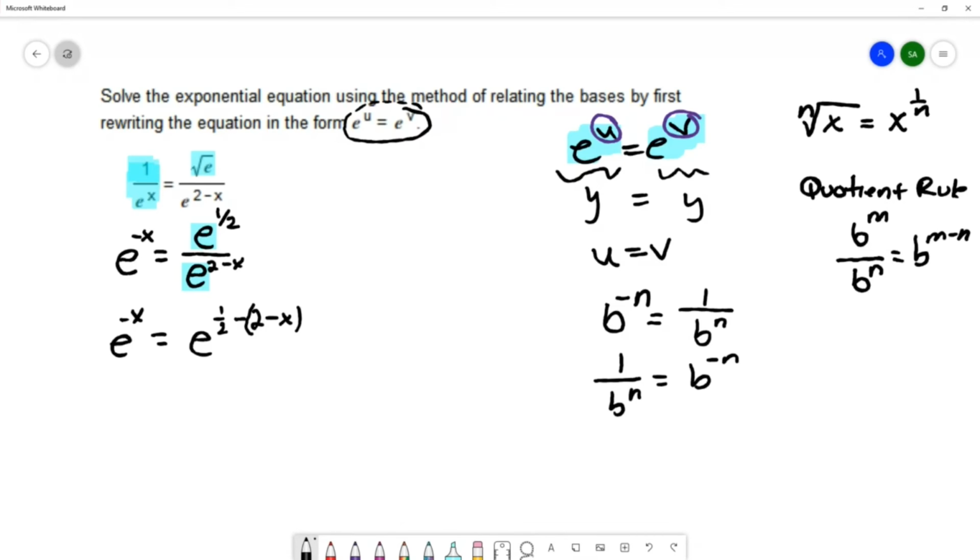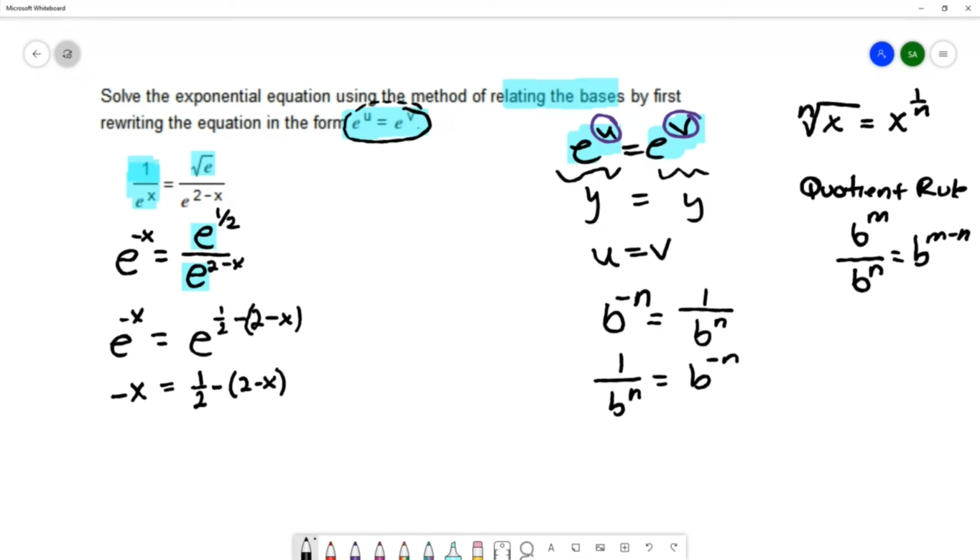So we have finally gotten to the point where we have e to a power on one side and e to a power on the other side. And using this method of relating the bases, we're able to say that the exponent on the left, negative x, is equal to the exponent on the right, 1/2 minus 2 minus x.